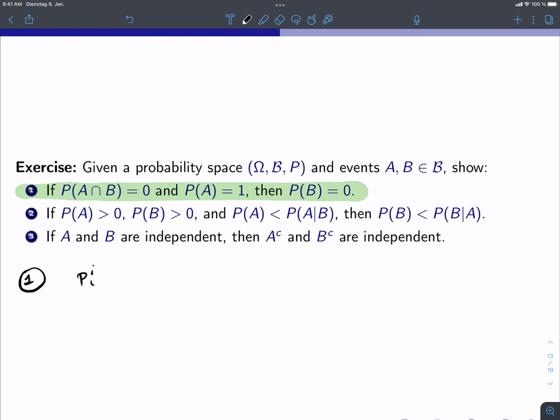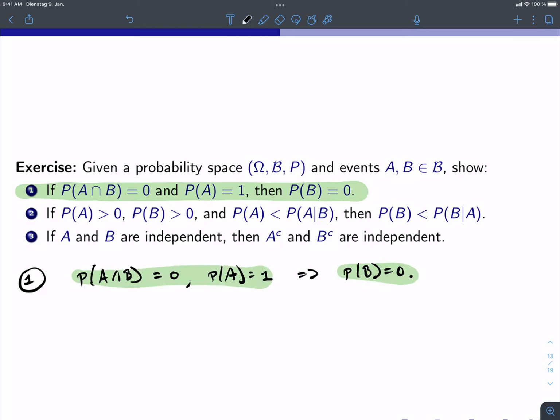It says if the intersection probability is 0 and the probability of A is equal to 1, these together imply that the probability of B is 0. So you might have some that have this flavor on your homework. So let's look at how we might show something like this.